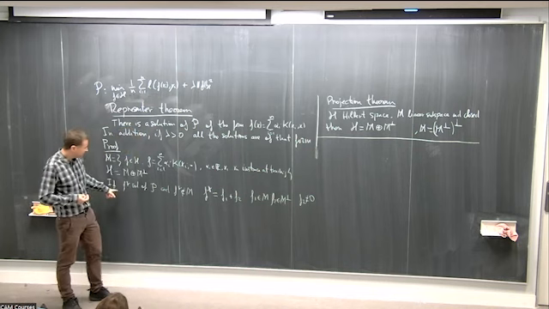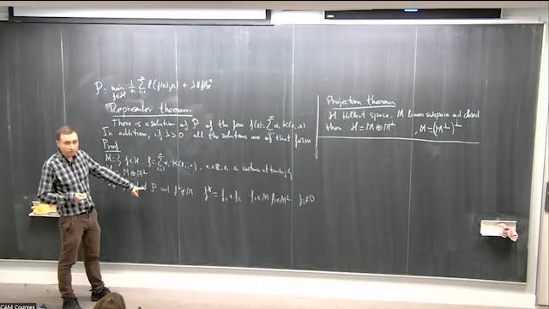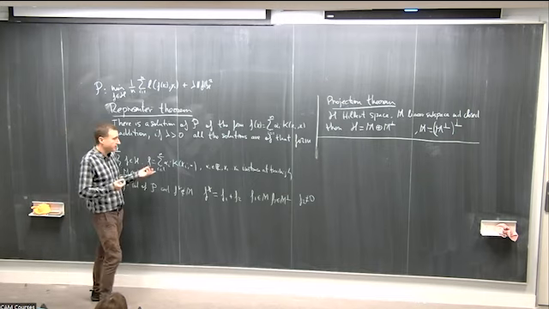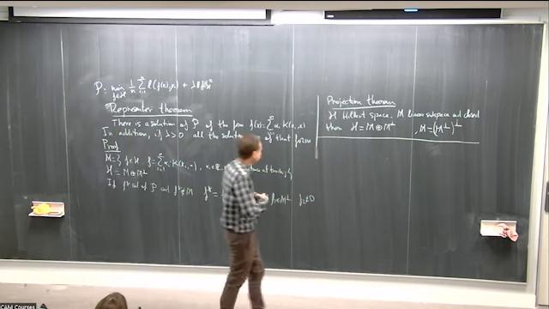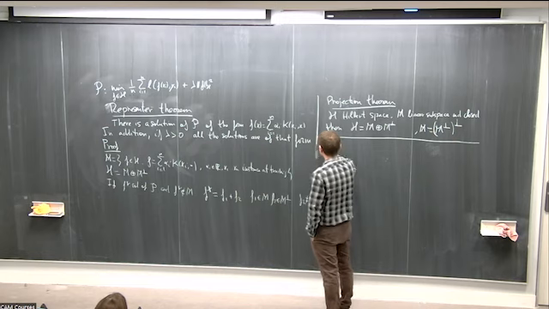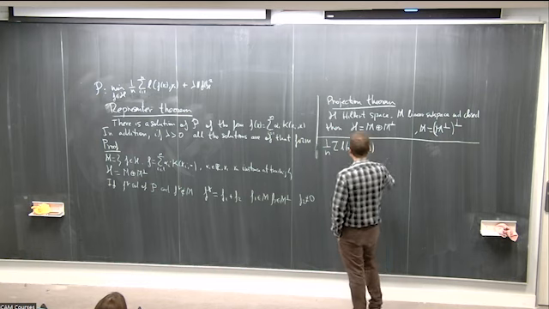Because then F star could not be a solution of the problem. Okay, so let's prove that. If I evaluate the objective function in F1, it's going to be something like this.